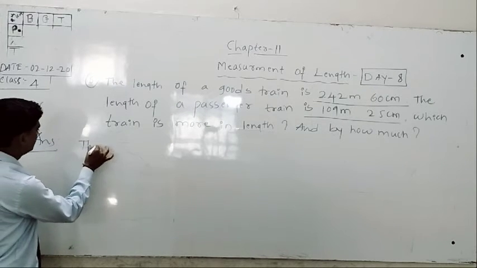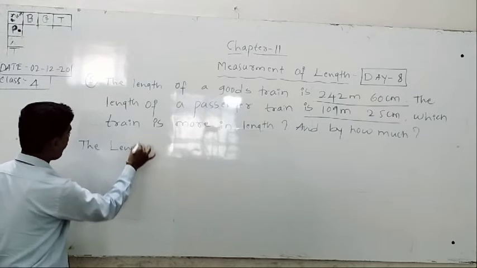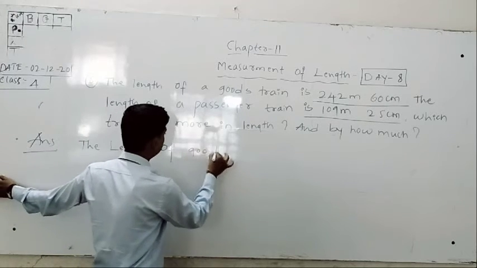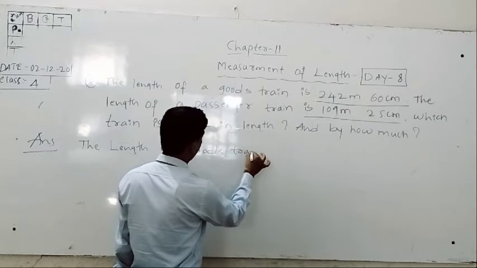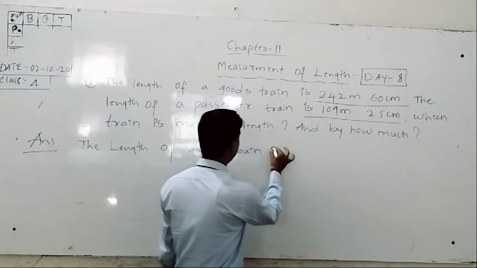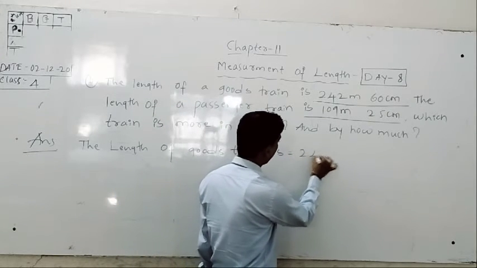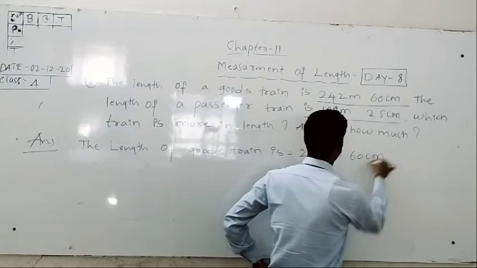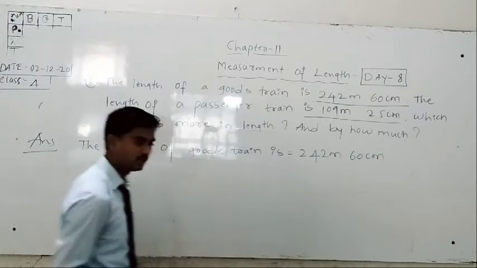The length of the goods train is 242 meter 60 centimeter. Right.